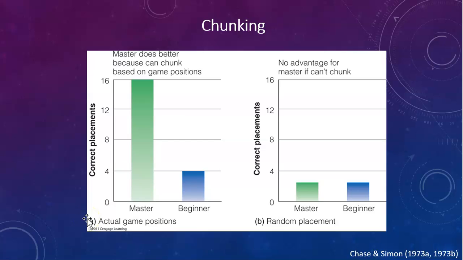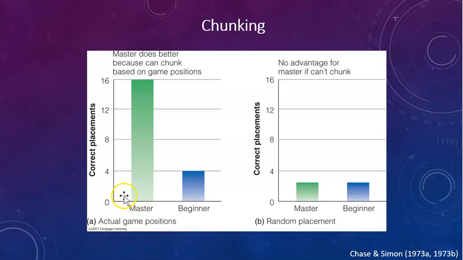But in the game of chess, you need to know the proper game positions of chess, right? So why does a master of chess do better than a beginner? It's because the master does a better job since they can chunk based on game positions.